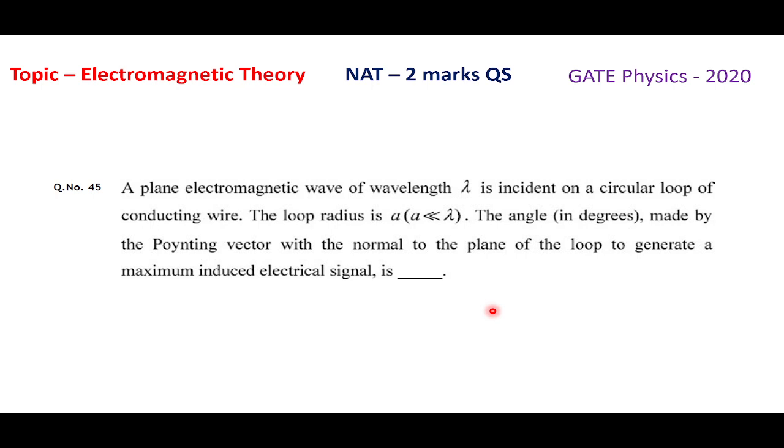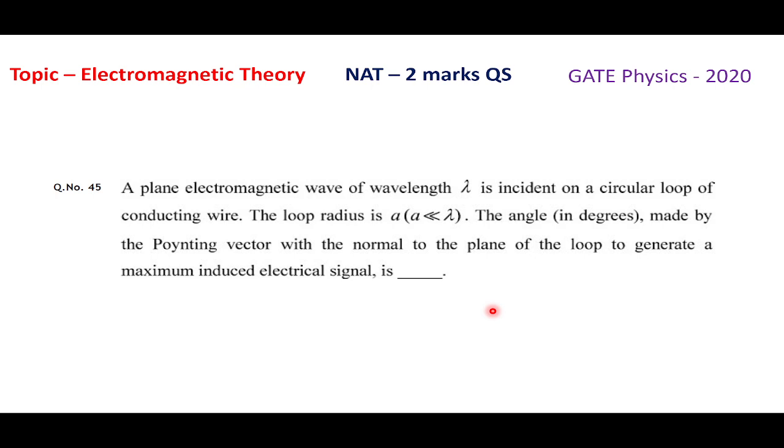So you are saying the Poynting vector will make an angle 90 degrees with the normal to the plane. No, 0 degrees with the normal. The Poynting vector will be along the normal to the plane, you are saying. Yes, sir. So your answer is 0. Okay, just think about it. Just make the diagram. You don't have to solve any problem also.